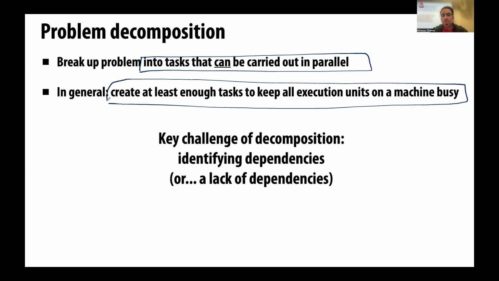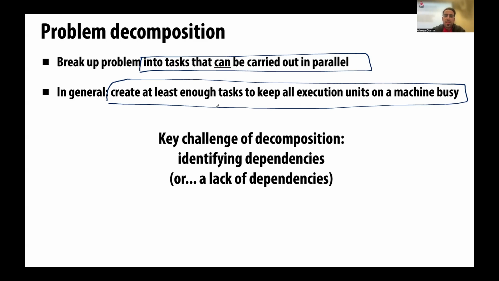If you remember, you can hide latency in multi-core systems when you have enough instruction streams in each execution context. This allows the system to switch between different instruction streams. So when you decompose your problem into different tasks, you need to have as many tasks as needed in order to hide the latency.